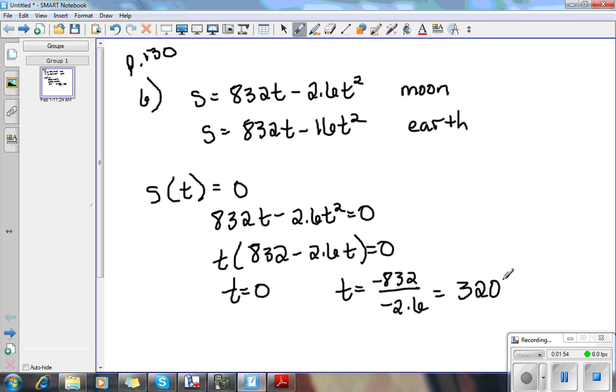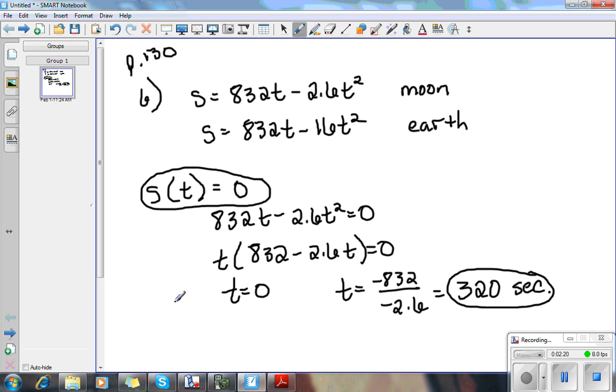And we get 320, and my time is in seconds. So on the moon, it would take 320 seconds to get back down. That's all the question was asking. So sometimes you're just doing some simple algebra problems, but the hard part is being able to read the question and recognizing that this is what it was asking for.